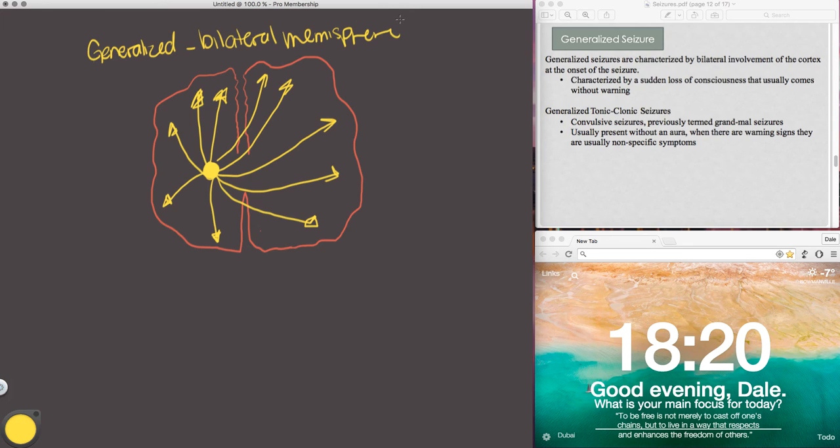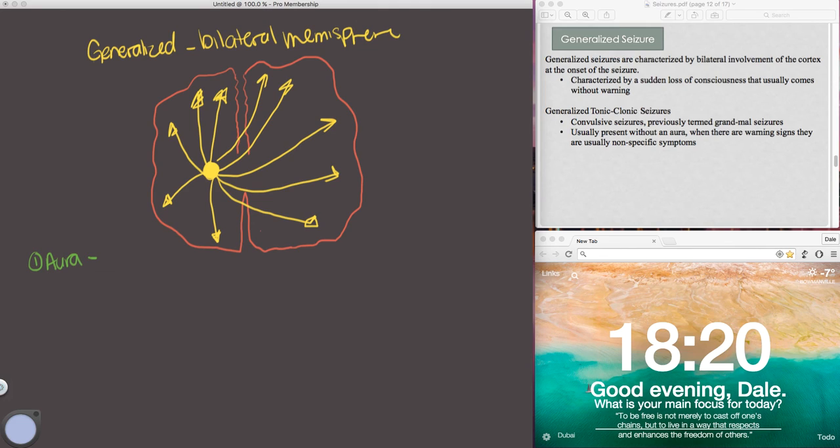What we see in a tonic-clonic seizure is a progression of stages, and there's generally 5 stages involved in a generalized tonic-clonic seizure. The first stage that we're going to see is usually an aura. People are going to say that they have certain thoughts or feelings, certain sensations that are indicating that they're going to have a seizure come on.